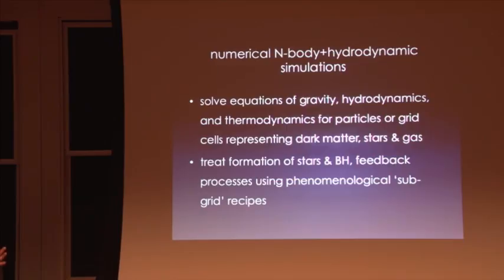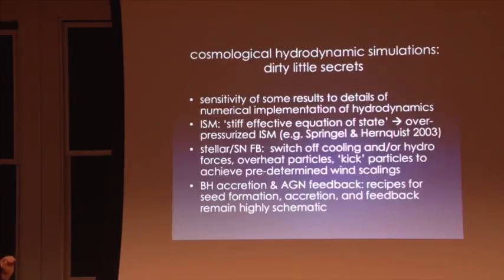So on scales less than that, you have a bunch of gas, and you have some recipe for how that turns into stars, and then how the energy and momentum coming out from those stars couples with the gas. So just keep in mind that, yes, this is a much more detailed calculation of some of the physics, but a lot of the physics is actually very similar to what's going into these simpler models.